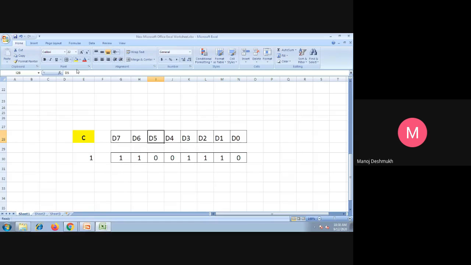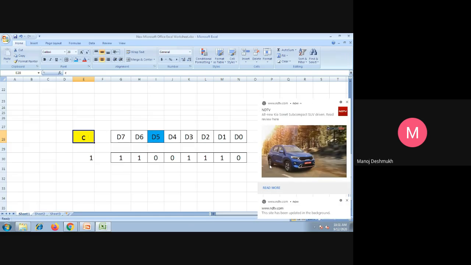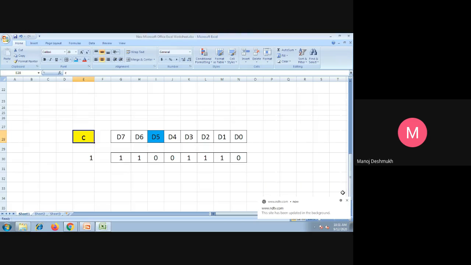Suppose we want to check the D5 bit. In that case you should rotate these two bits first into the carry, and then the next third operation is like this. So the first operation is RLF.